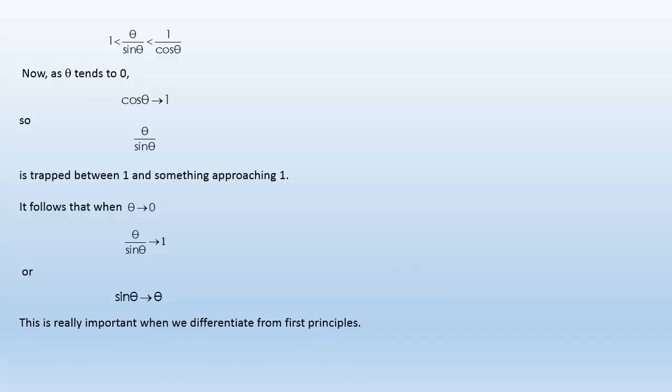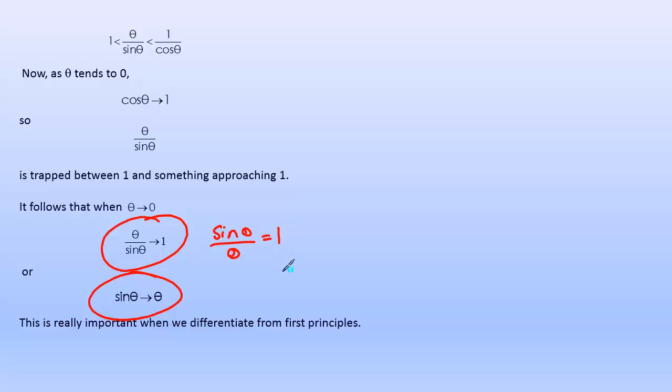So let's remember these facts down here. So remember this, and of course this works the other way up as well. If it's approaching 1, and if they're tending to each other, then that way up is also 1. So remember, if you remember this, you can remember all of them. But this is really important when we come on to part 2 and we actually work from first principles.